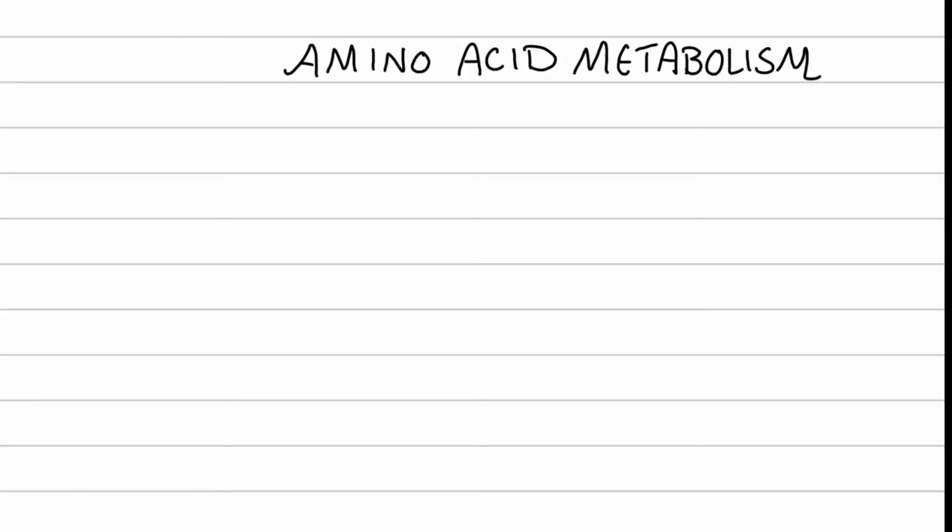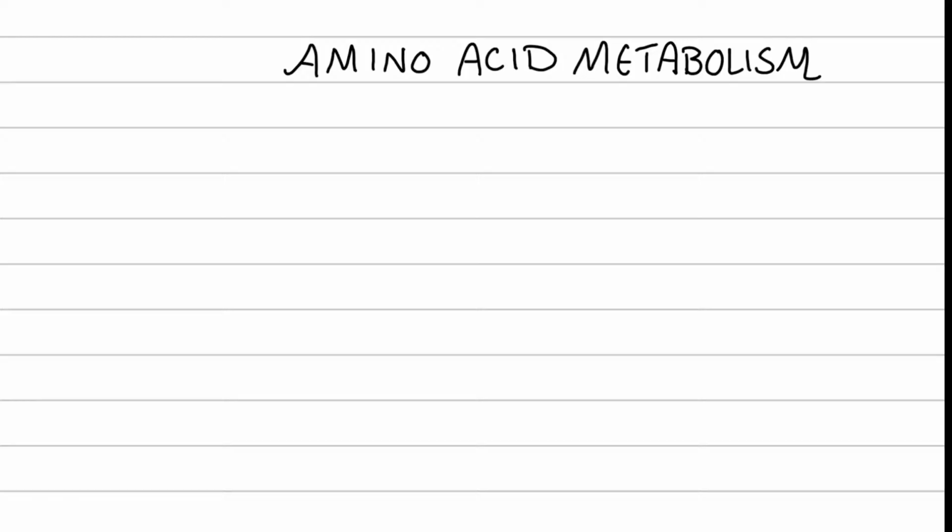So you have many types of amino acids, right? You have branched amino acids, ketogenic amino acids, and glucogenic amino acids. It doesn't really matter per se, but it's a nice thing to have.